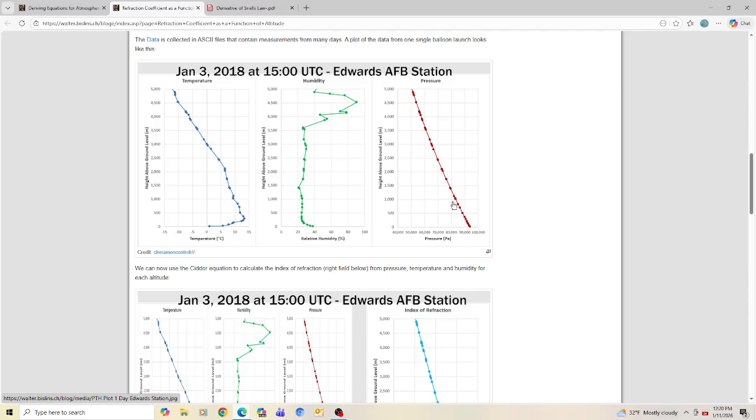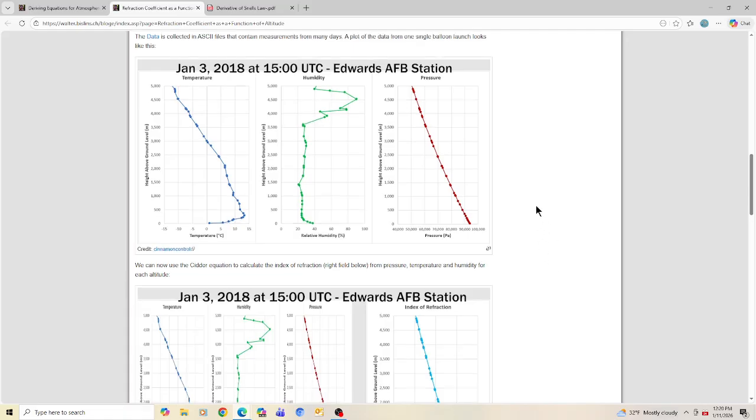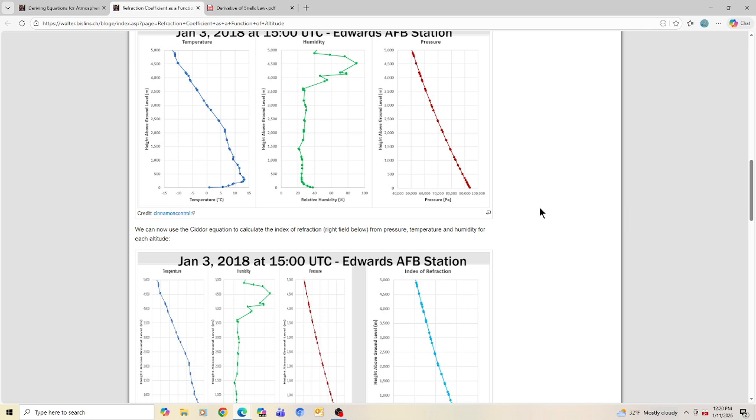This should be height above sea level. Because pressure is not going to vary excessively based on height above ground. It's more height above sea level.